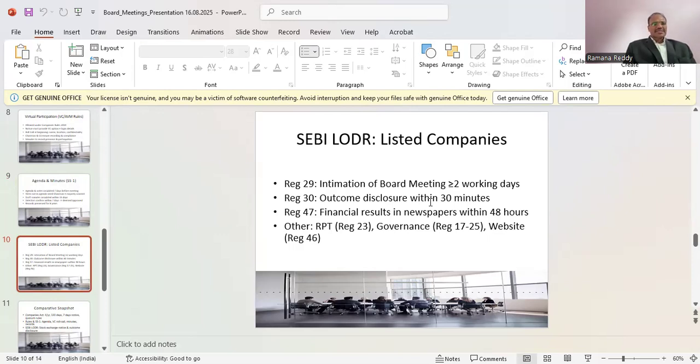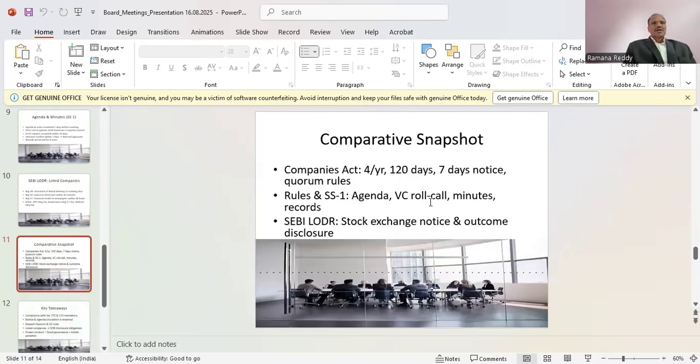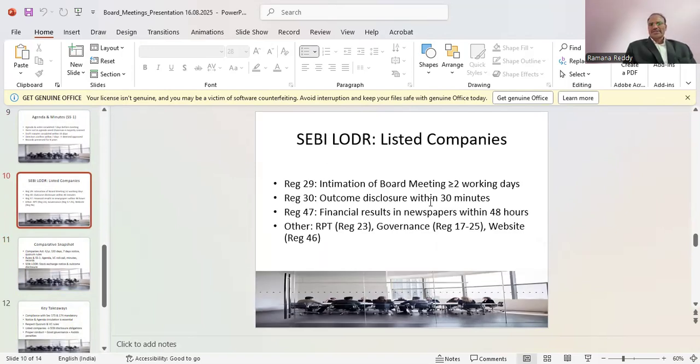And SEBI compliances beyond the board meeting. Beyond the board meeting, we can talk about Regulation 17 to 25, Regulation 23, 33, 38. So these listed companies must also comply with several other SEBI LODR provisions.